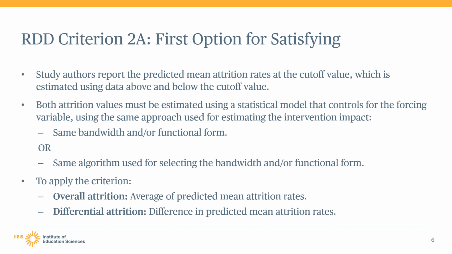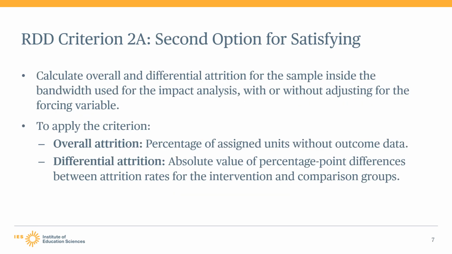For the purposes of applying the attrition standard, the overall attrition rate is defined as the average of the predicted mean attrition rates on either side of the cutoff, and the differential attrition rate is defined as the difference in the predicted mean attrition rates on either side of the cutoff.